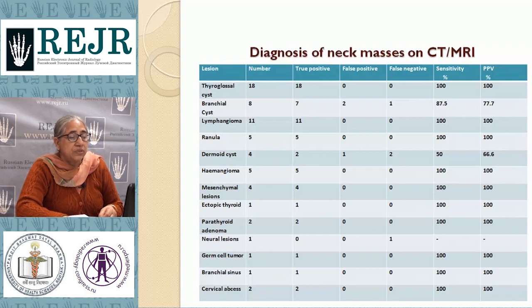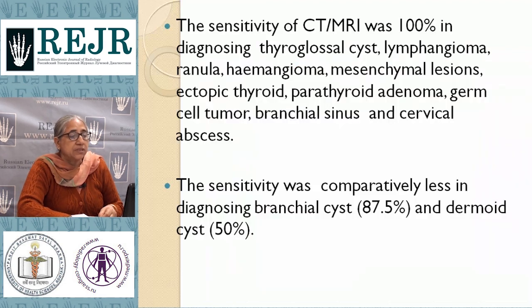Dermoid cyst had a sensitivity of 50% and positive predictive value of 66.6%.